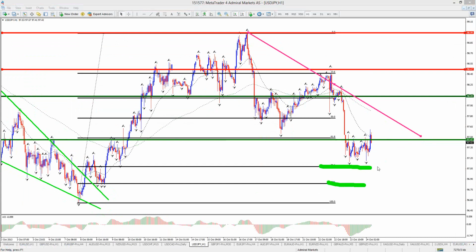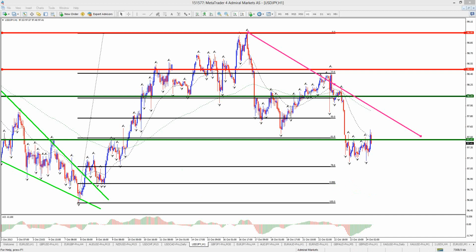786, 886. We're not sure which the bouncing spot will be. If it does go to 886, that should be the very last and deepest retracement the currency should go to, because after that we have a double bottom, and technically speaking, a double bottom is not necessarily invalidating a wave 1-2 structure, but it's not my favorite setup.